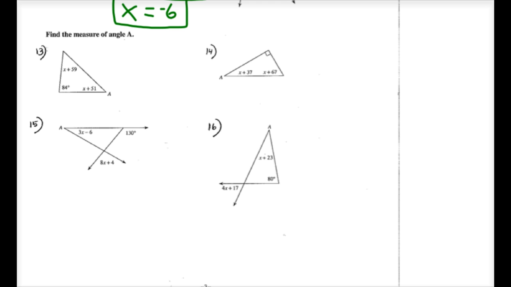They're going to give you multiple variables. Try to write the equation on 13. Those are all interior angles. The sum of them is 180.